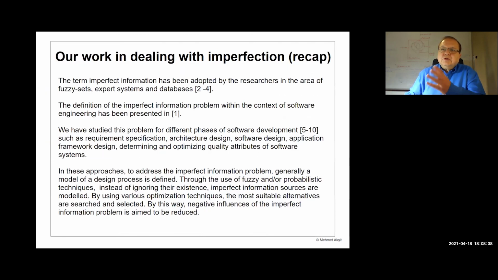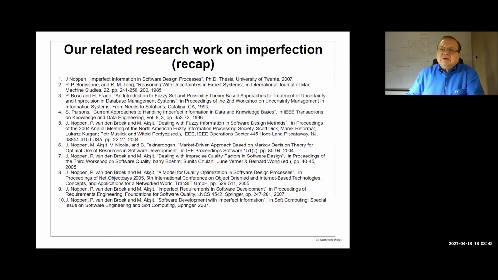And here is also an explanation of the references, the terminology, and our contributions. And here is a list of papers, especially the first one and the fifth and the remaining papers, which are our papers related to the problem of imperfect information. And you can find more information in the previous talk.